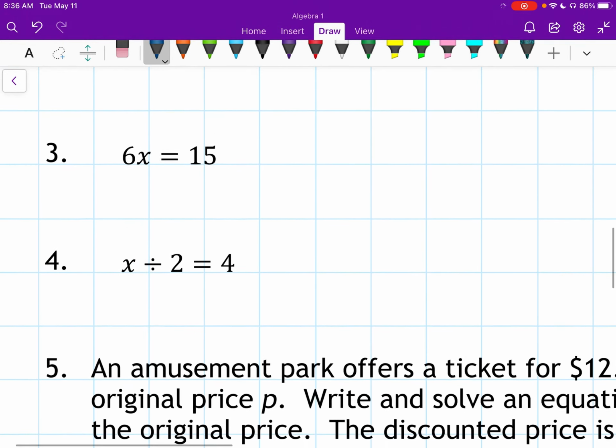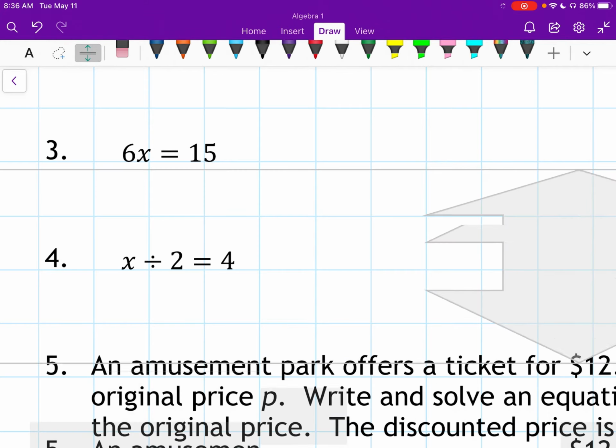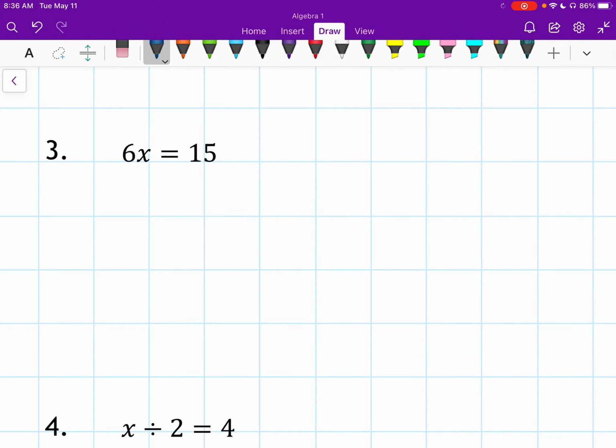Moving on, number 3. We have 6x equals 15. It's 6 times x. To undo that multiplication, we need to divide. So I'm going to divide both sides by 6, and we're going to have x equals 15 over 6. Now, it can be tempting to type that in your calculator. And I'm okay with us using our calculators.